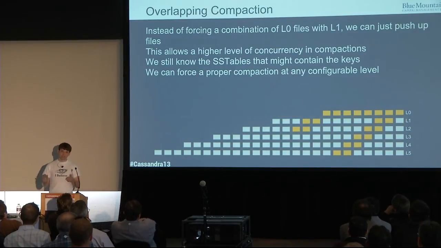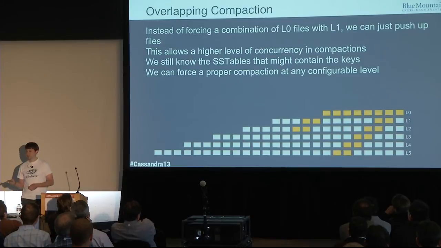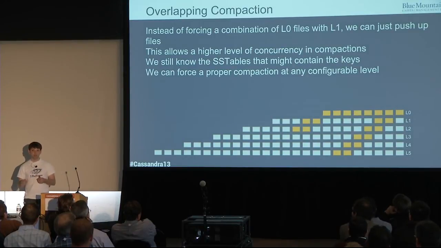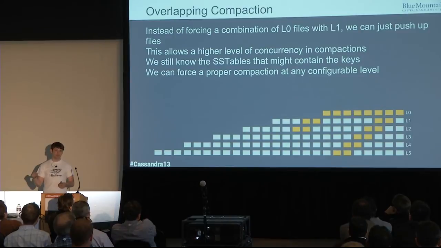Now we have a new idea that I'm currently working on. It's called overlapped compaction. Basically, instead of taking your level 0 files and combining them with level 1 and then writing all new files into level 1, it does the regular compaction that it would up to level 1, but it doesn't take level 1 files.